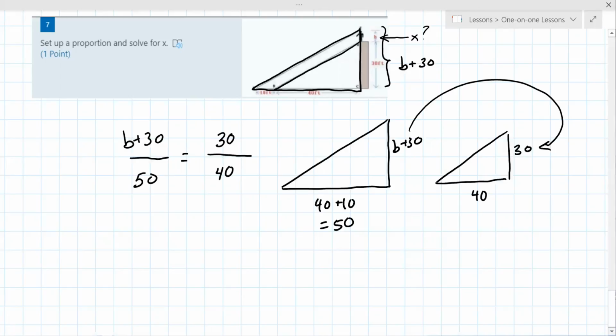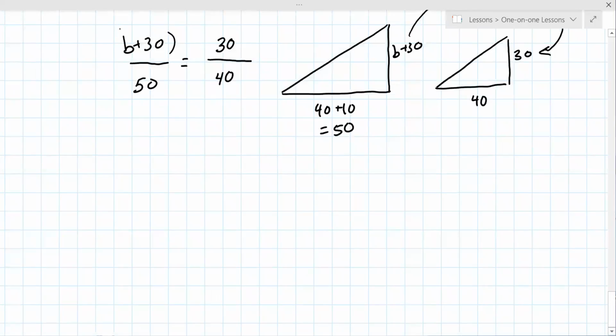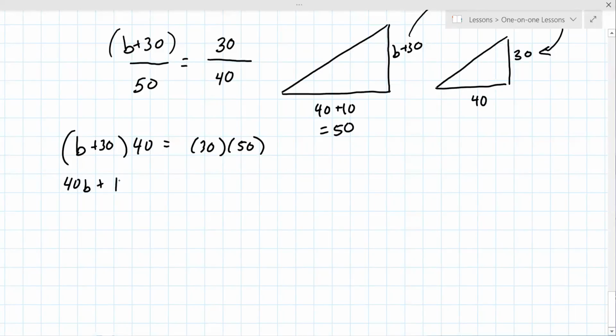No, I got it. Okay, so now when you cross multiply, we're going to be a little bit more careful. This is implied parentheses, so it's parentheses B plus 30 times 40 equals 30 times 50. So we'll distribute these numbers. 40B plus 1200 equals 1500.